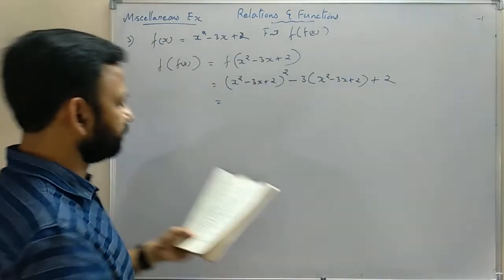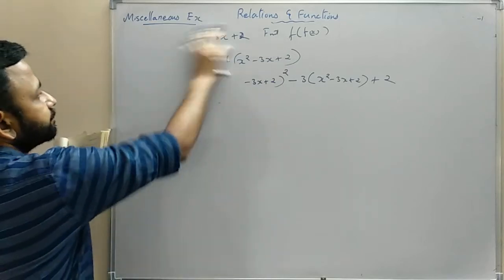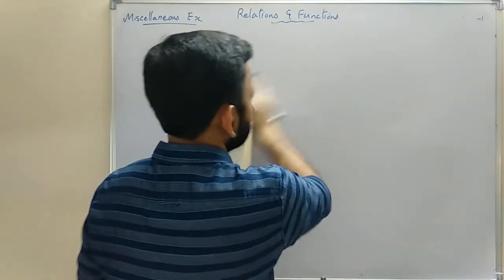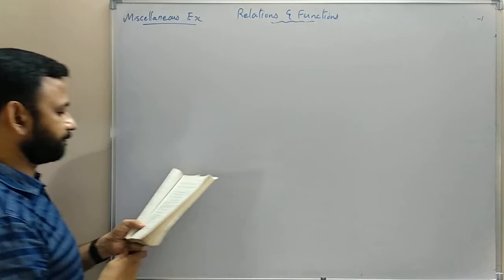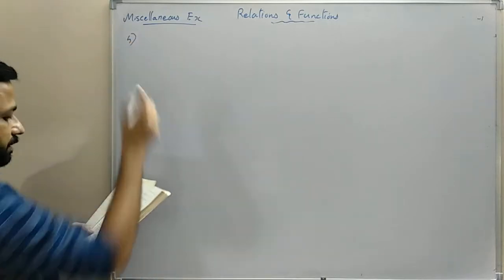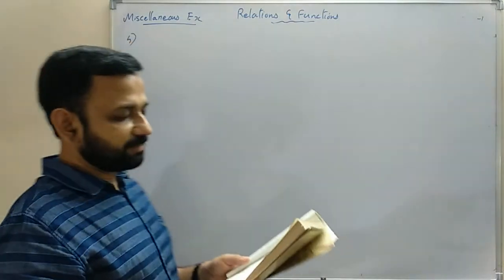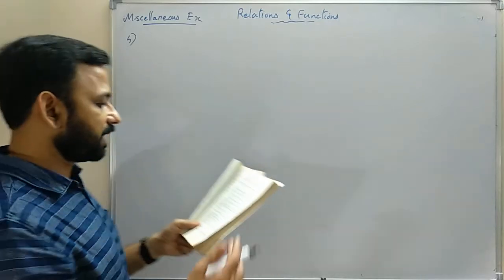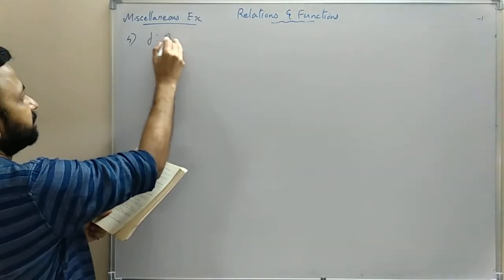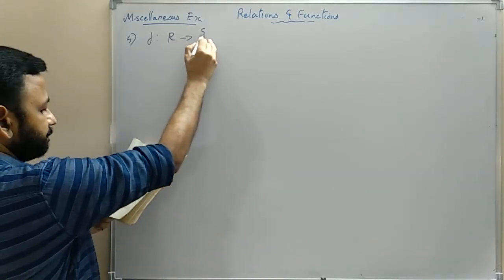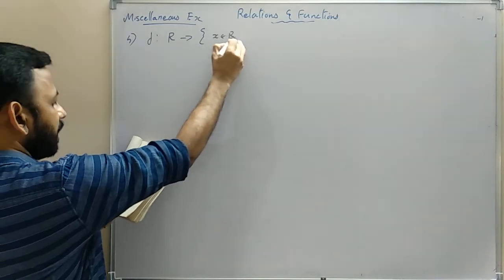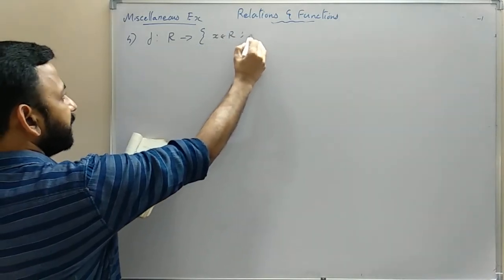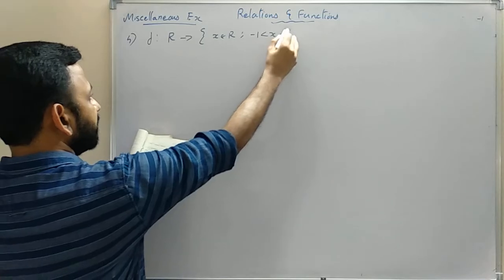Now we are going to do the fourth one. Question number 4. Show that the function f from R to the set of x belongs to R such that minus 1 is less than x less than 1.